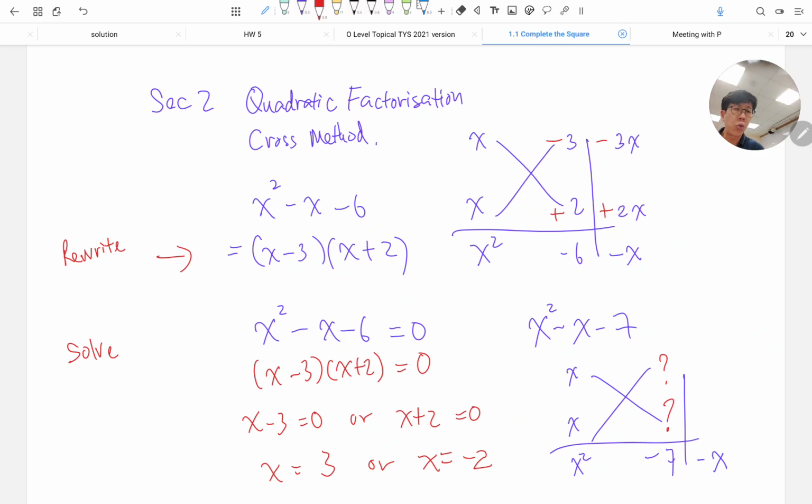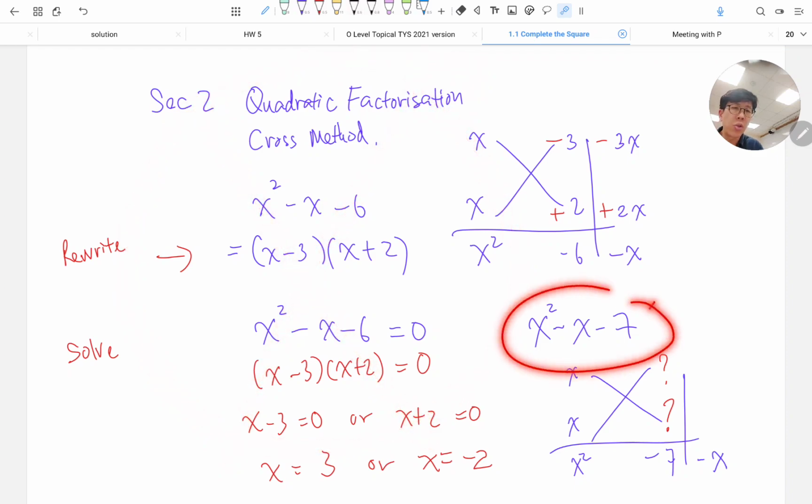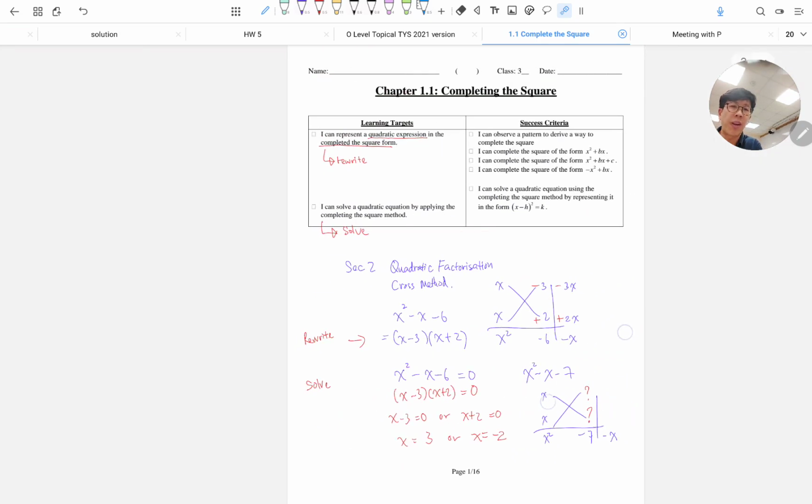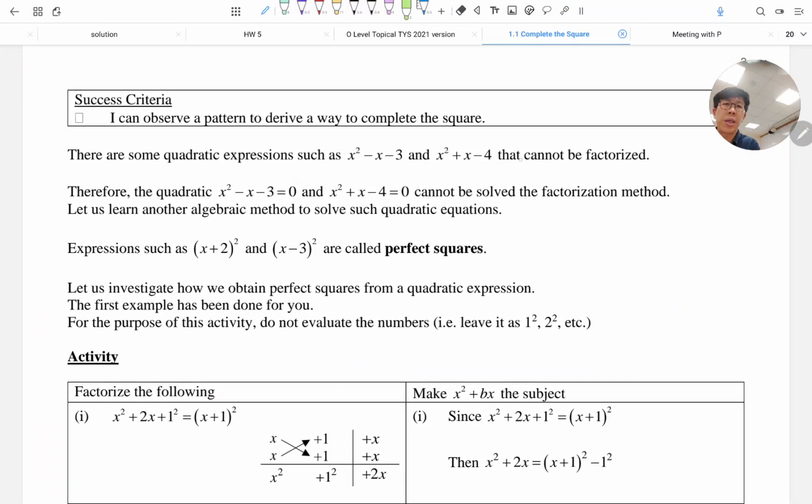Because you cannot factorize it, you cannot use your Sec 2 method anymore. So how are we going to tackle these kinds of expressions? These kinds of expressions that cannot be factorized are over here. Please highlight, they cannot be factorized.